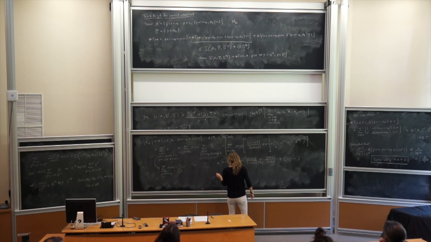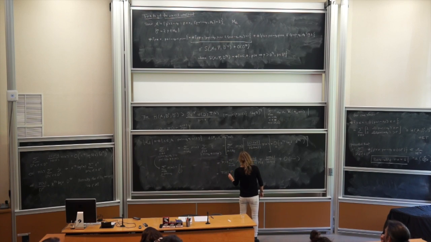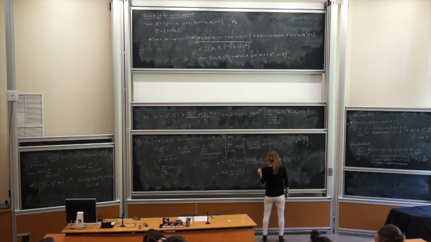Now I claim that this thing is pi of x times the product over L dividing D of CL over GL, and here I'm going to write 1 minus omega of ME divided by G of ME, and I'm going to explain what they are.